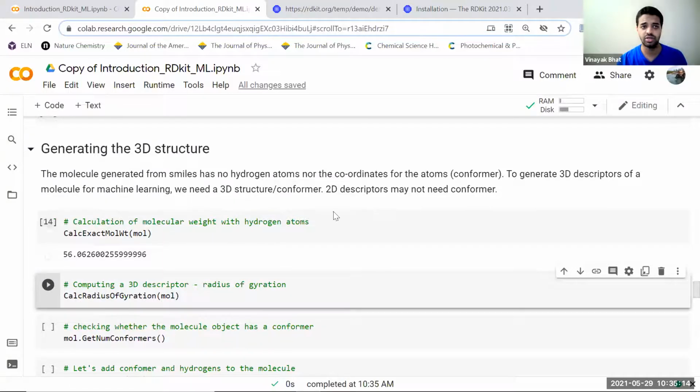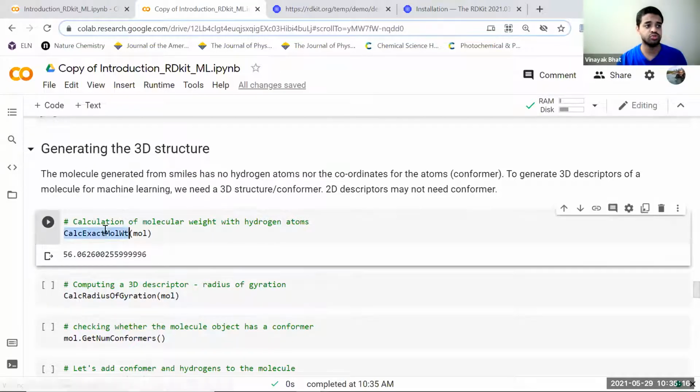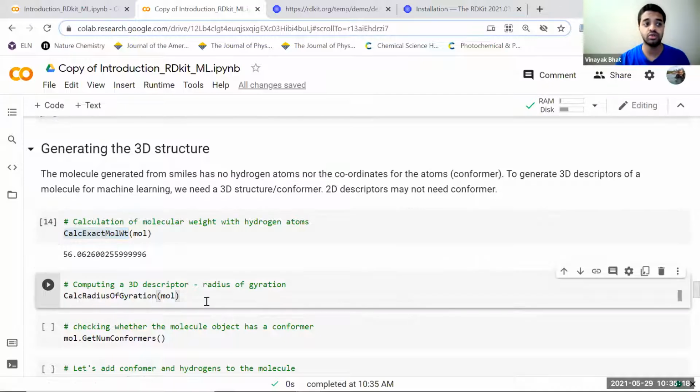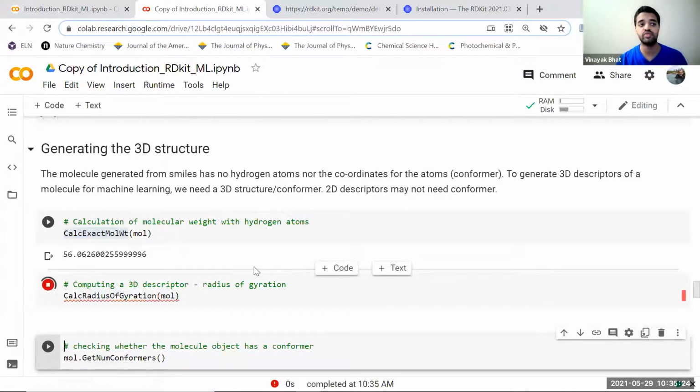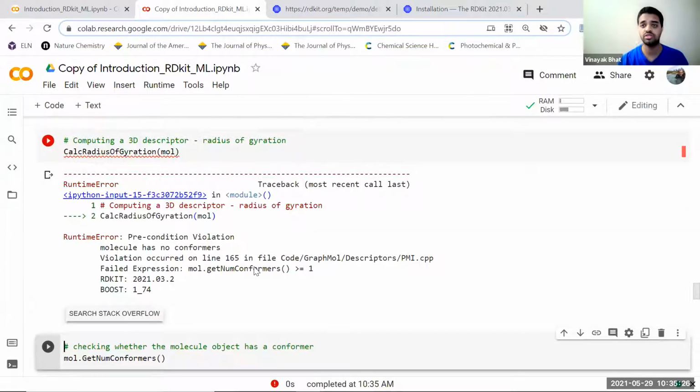Those are some 2D descriptors. But if you want a 3D descriptor, which is the radius of gyration, that would not be possible right from SMILES. But if you use some other things from XYZ or 3D coordinates, you could do that. But in this, it is not possible, because you only have 2D things in this.